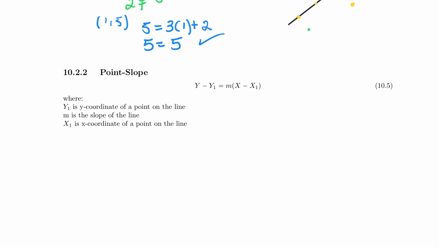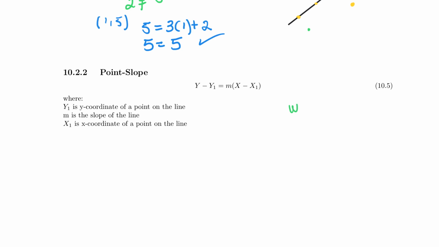But you may see that now we have y and y1. Well, this is because for this equation, we need to have one point on the line and the slope of the line. By having this information, we could write down the equation of the line, okay?